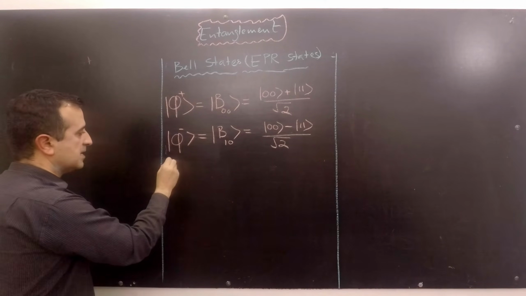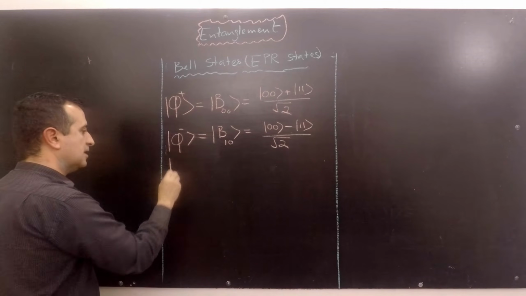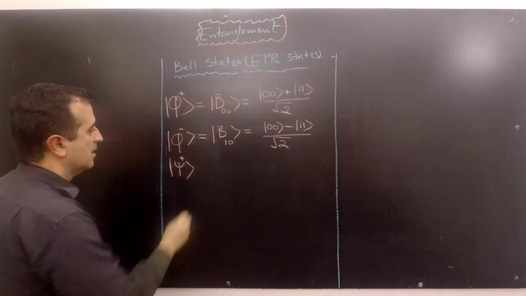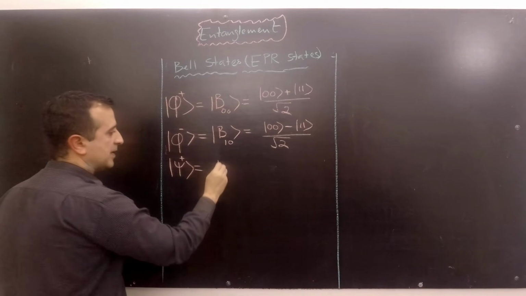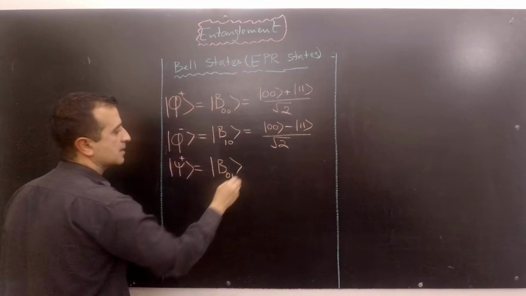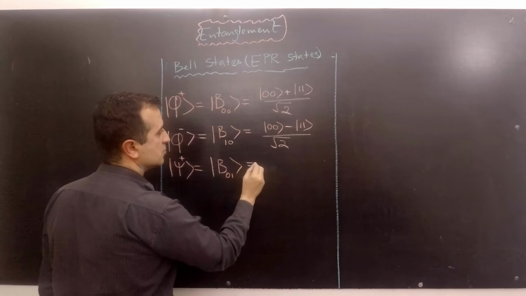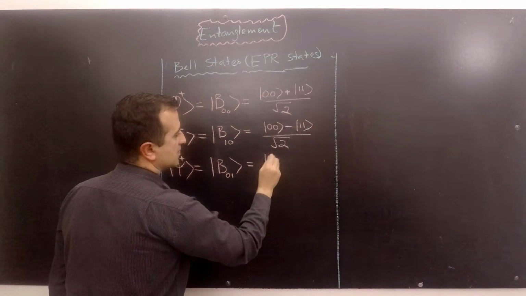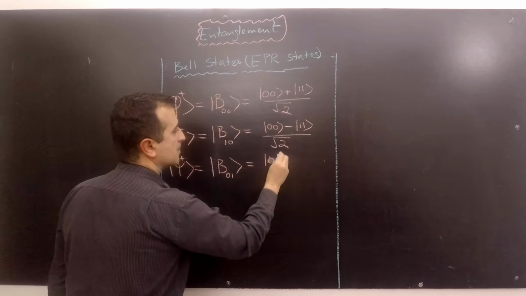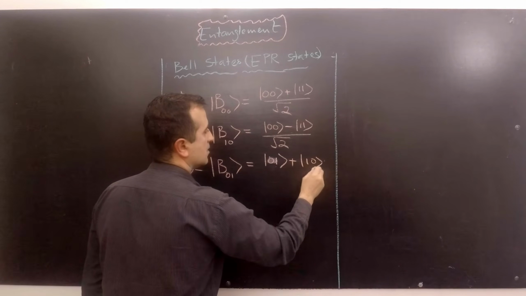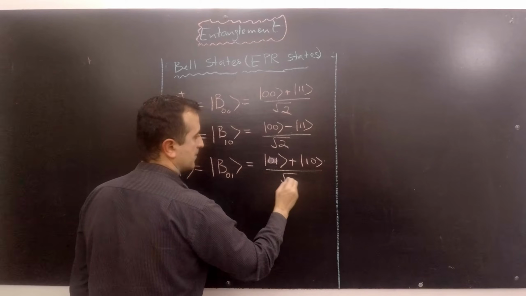The third Bell state is ket psi plus, also known as Bell state 01, and this is equal to ket 01 plus ket 10 divided by square root of 2.